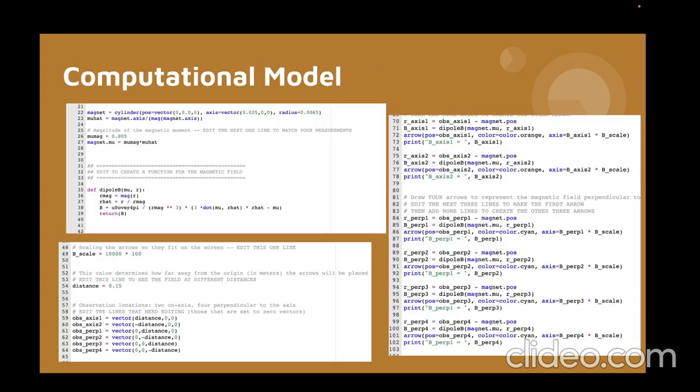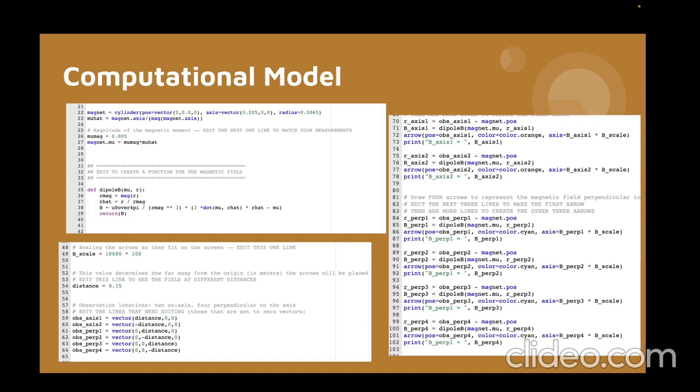Going on to the computational model, in the top left, you can see a function that calculates the magnetic field given a magnetic moment value and an observation location. In the bottom left, you can see the definition of 6 vectors, 2 of which are on axis and the other 4 of which are perpendicular to the magnetic bar moment.